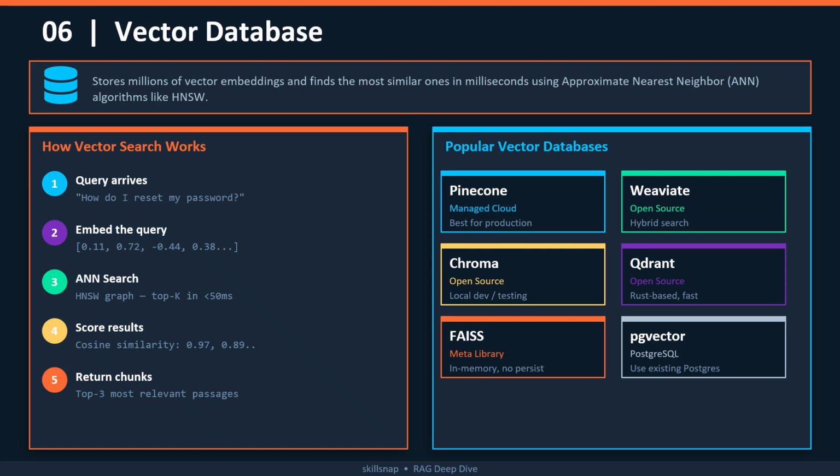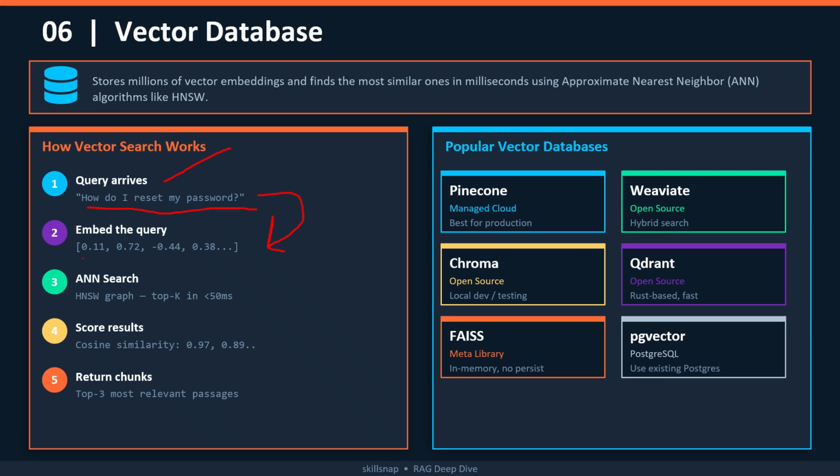If you want to know how the vector search works, firstly we wait until the query arrives. For example, I am giving my user query, how do I reset my password? After giving this, the query has to be embedded, since I have to search it against the vectors in my vector database.